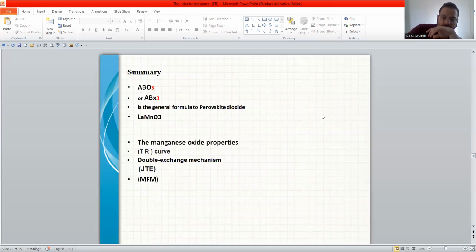That's it, the summary. When we talked about the original form, cations A, B and O3, and another source, ABX3, as the general form of perovskite oxide, not dioxide. I will fix it.